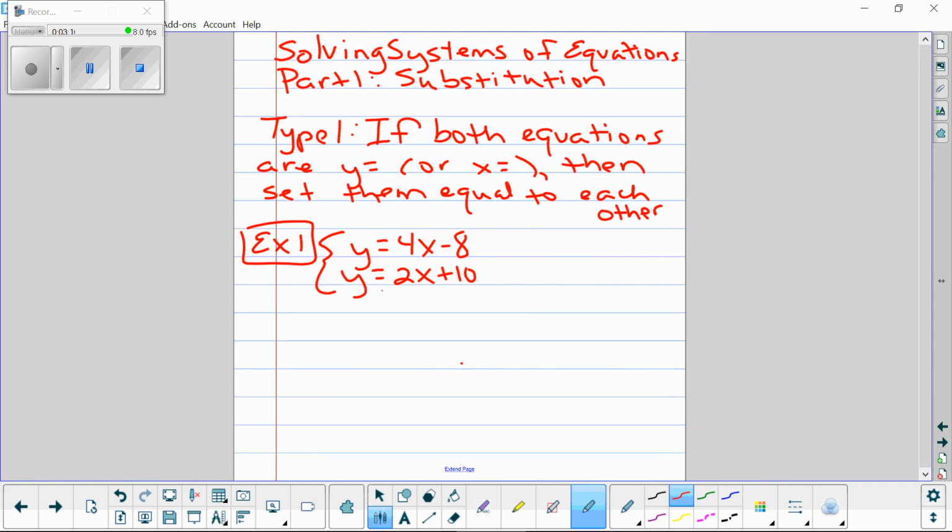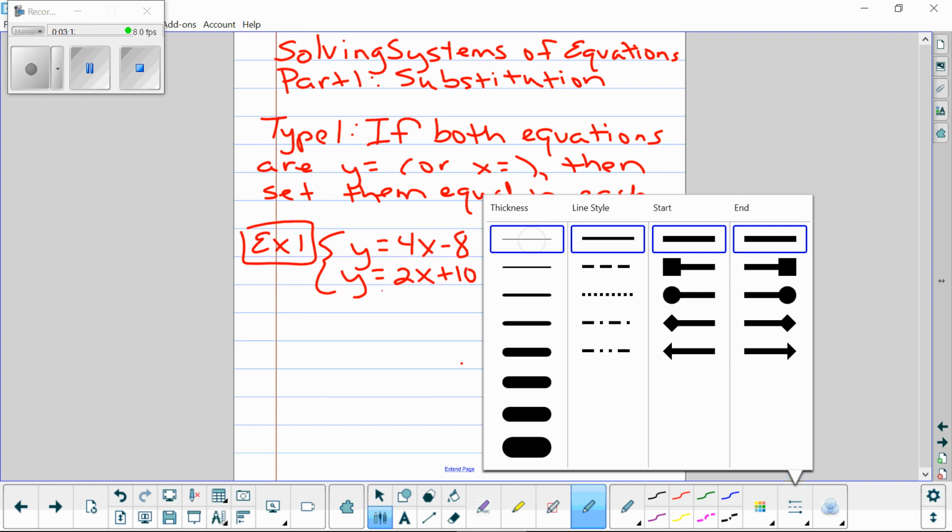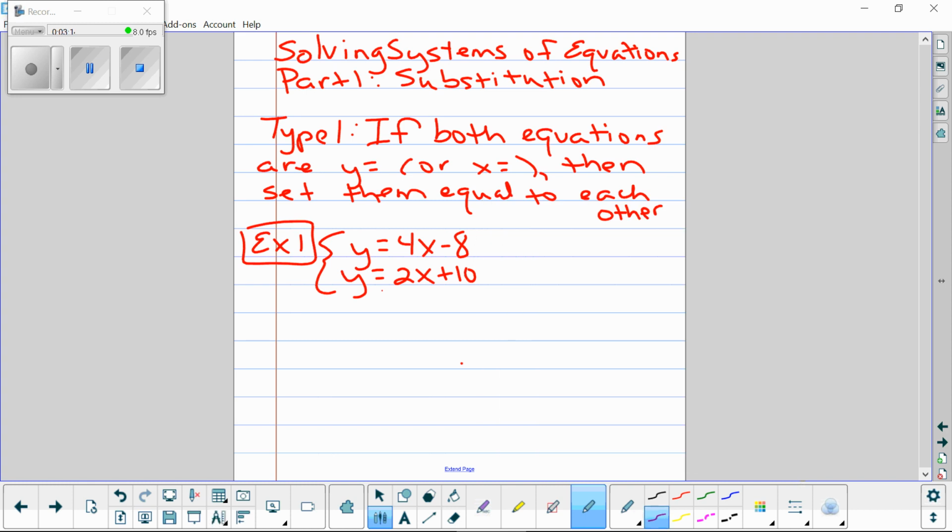So to solve this, we're going to set them equal to each other, just like we wrote. What I mean by that is we're going to take what y equals here and set it equal to what y equals there. So it looks like this: 4x minus 8 equals 2x plus 10.